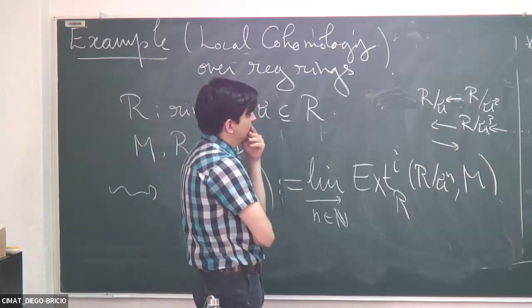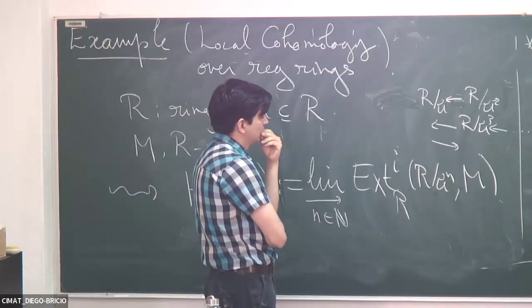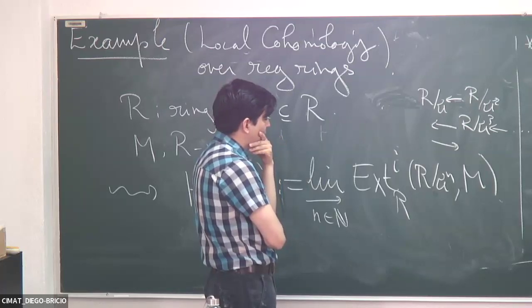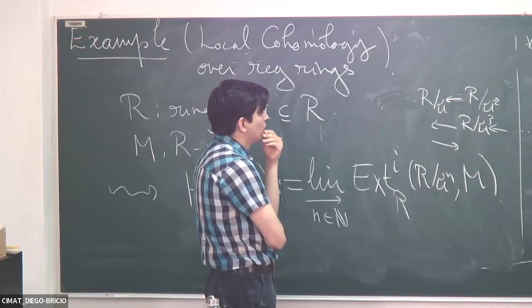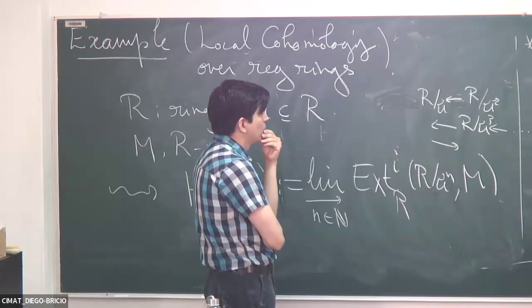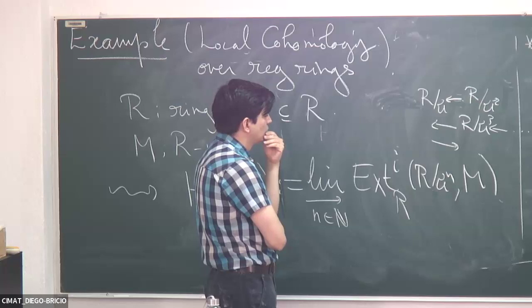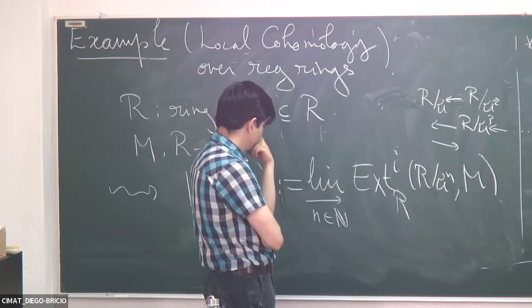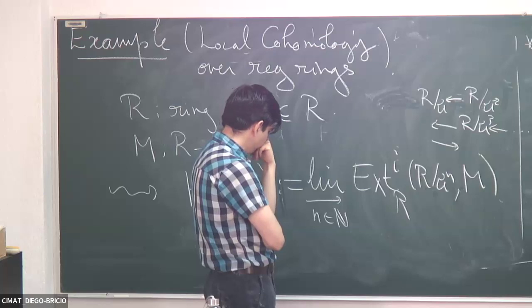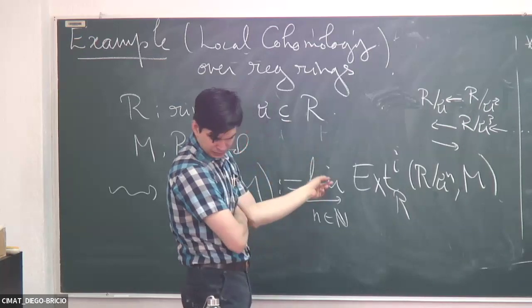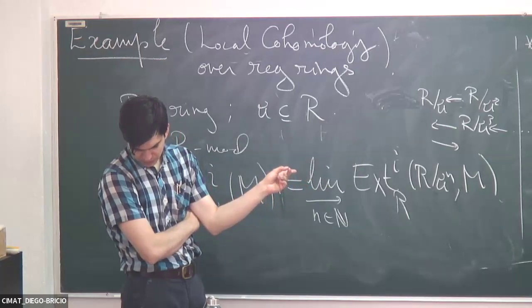One sec. So R modulo A. I'm confused as to why I wrote limit here. Should it be a co-limit?